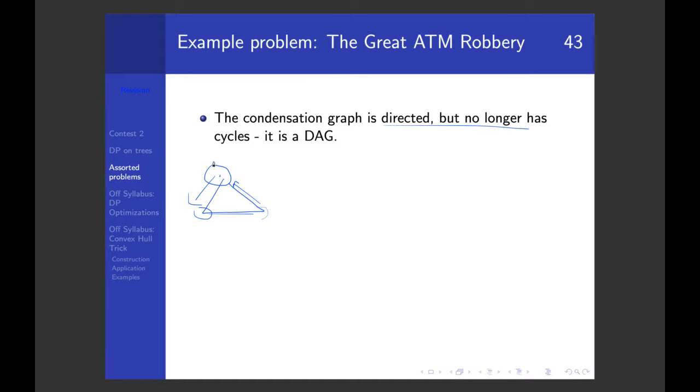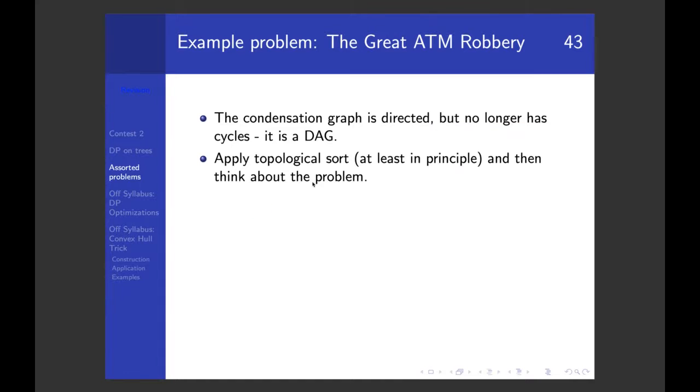That means that all these nodes are in one big SCC, which is a contradiction because we'd already compressed our graph into SCCs, which means a graph of strongly connected components is a DAG. And hopefully, if you remember SCCs from the last lecture, that is kind of the idea. We have a graph of DAGs.